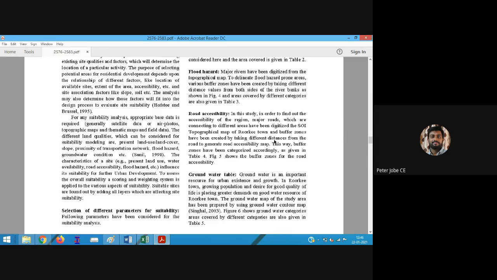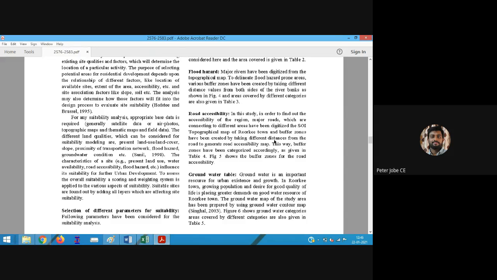So for example, if the main road is 5 kilometers from a particular point, we'll give a particular weightage for that place. But if there is some other place where the main roads are available within 1 kilometer distance, a higher weightage will be given to that place.